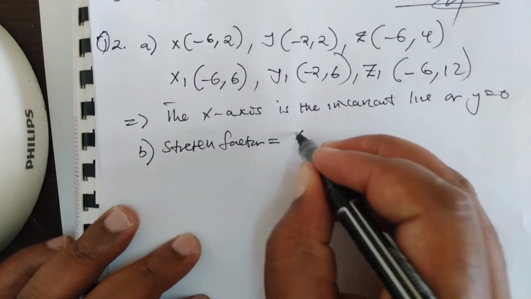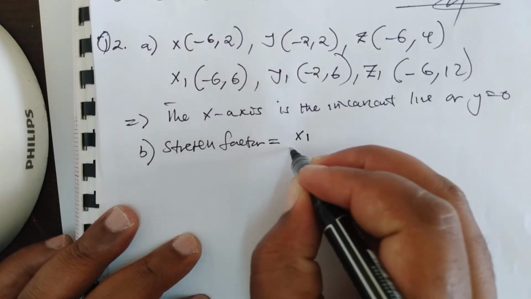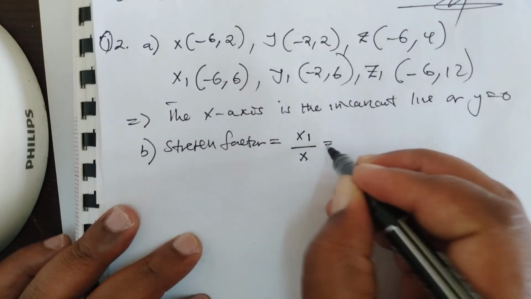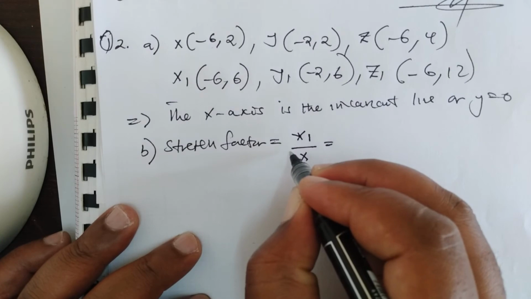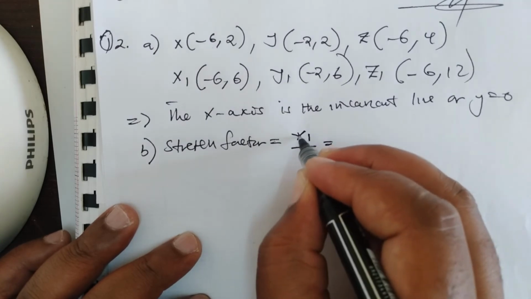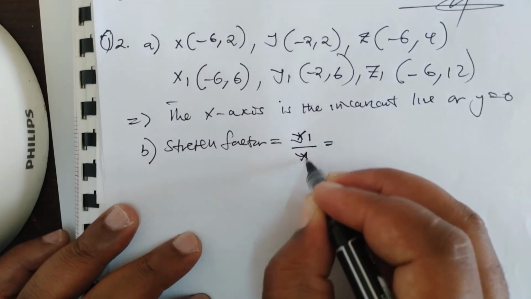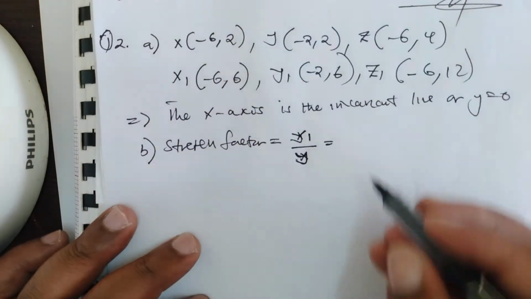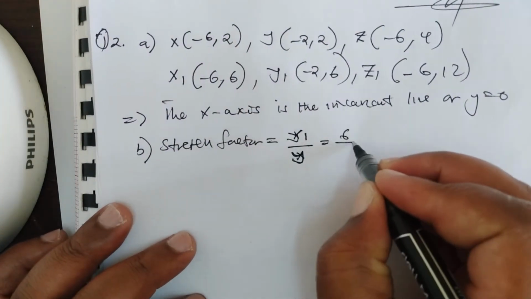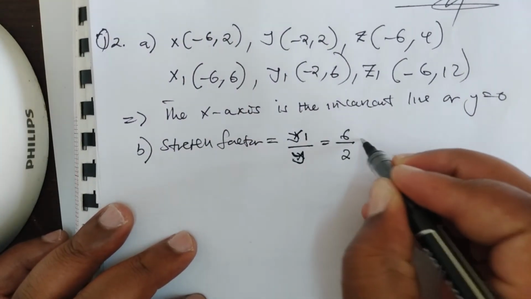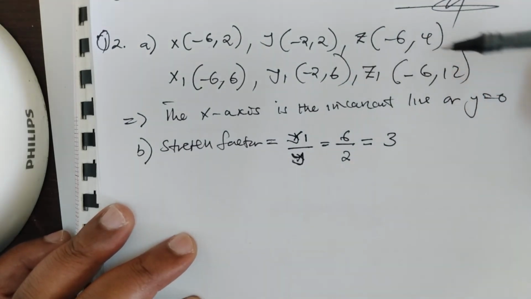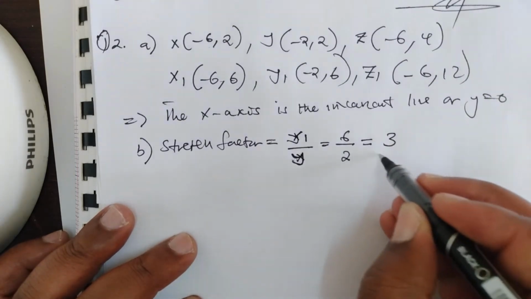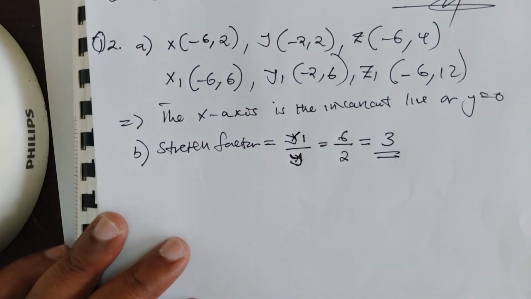So we can say x1 divided by x. Okay, so when you look at x1 here, and y, because this is y. So you have 6 divided by what? 2. What do we get? 3. Even if you say 12 divided by that, this is our scale factor.